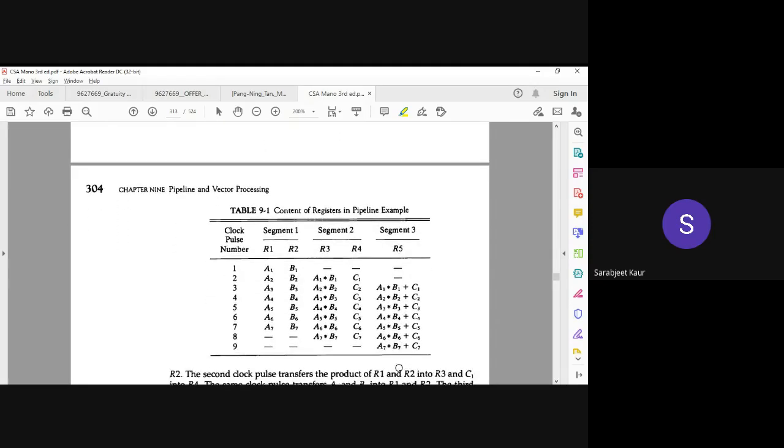Now let us see the benefit that we get out of pipelining. You can see that in this diagram, in clock pulse 1, that means in time cycle 1, only this work will be done, right? But in clock cycle 2, when we have already filled in R1 and R2 and we are proceeding to put A1 times B1 into R3, at the same time A2 and B2 could be loaded into R1 and R2, right?